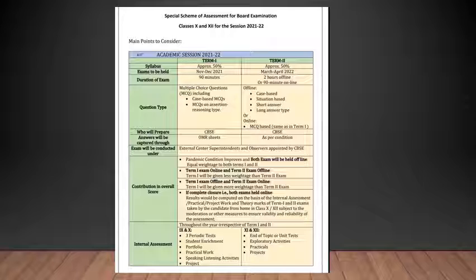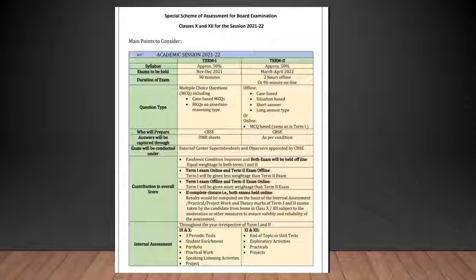Term 1 you have 50% syllabus, term 2 you have 50% syllabus. So it is just like the semester system. The term 1 examination is going to be held in the month of November or December 2021, whereas term 2 examination will be held in March or April 2022. That is the plan presently.